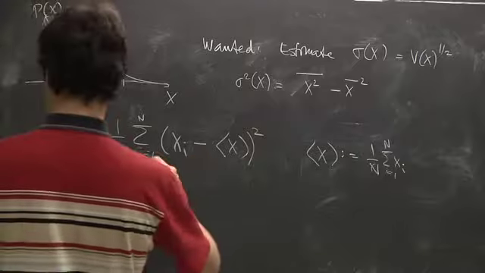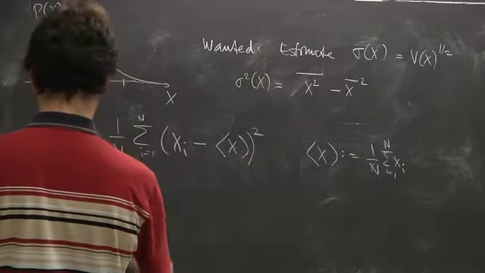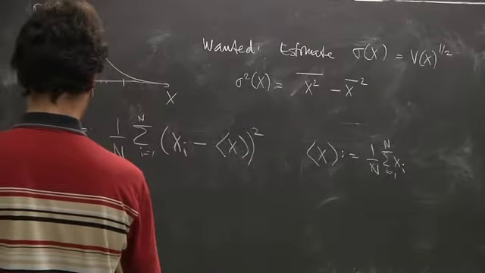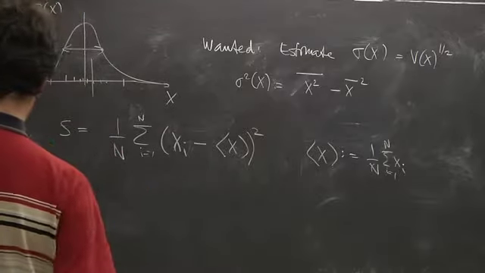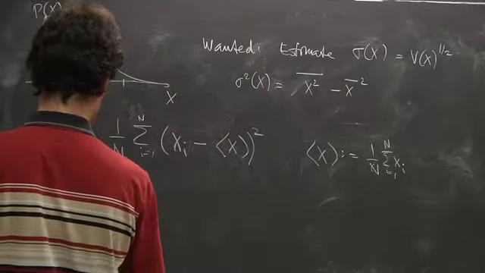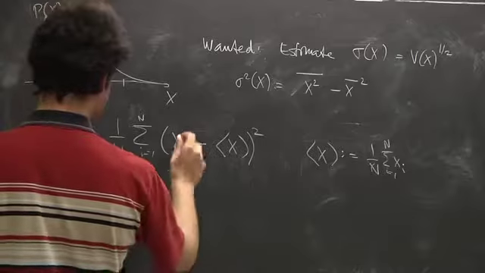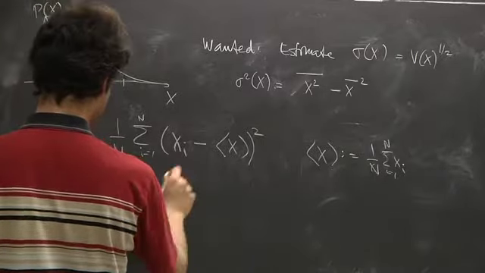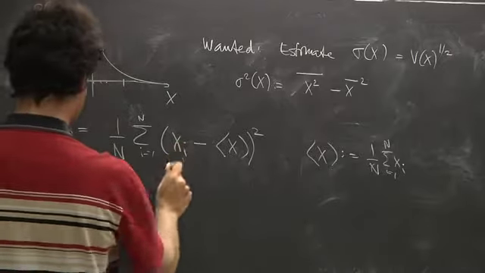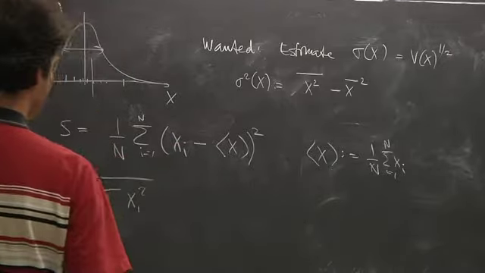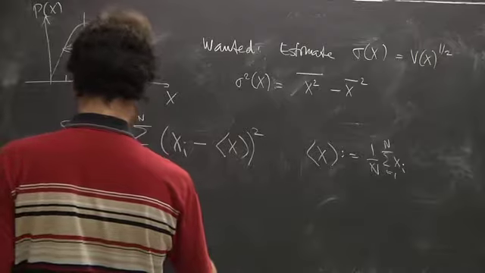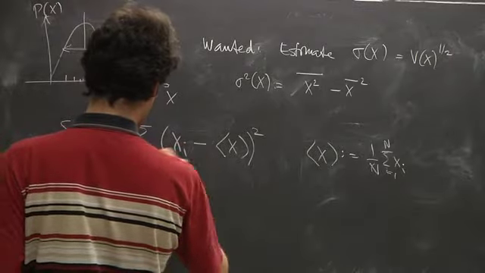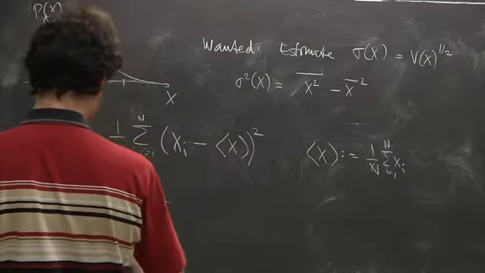So let's write that out. So this will be 1 over n sum over i. Now let me take the square. So this is xi squared from this term squared, and I have to average that. And then there will be minus 1 over n is still here.